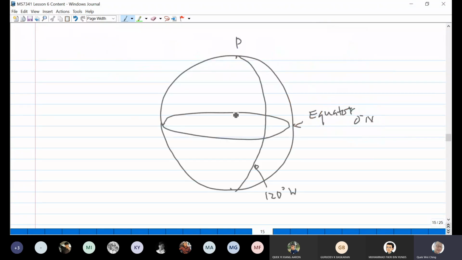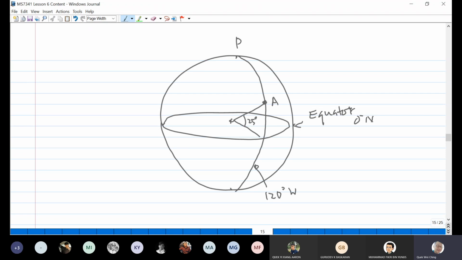So you draw the center of the earth here, and this is 25 degrees for the point A. The location of A is 25 degrees north, 120 degrees west.